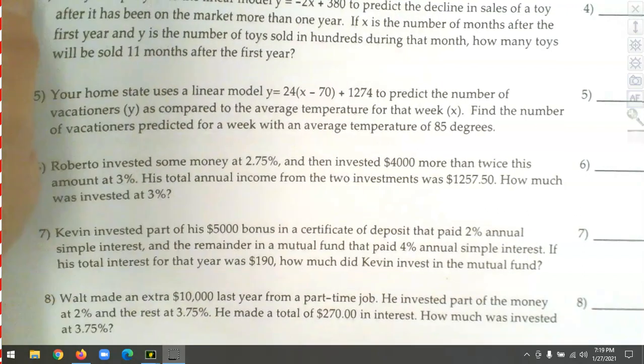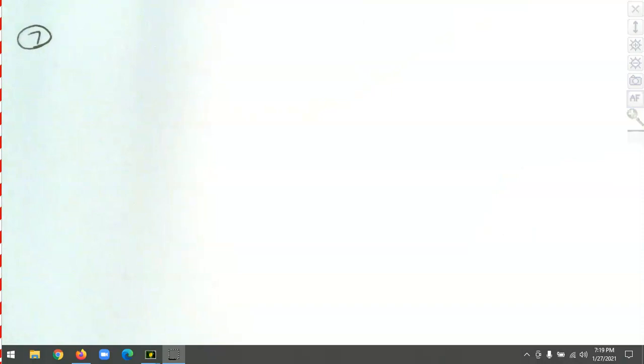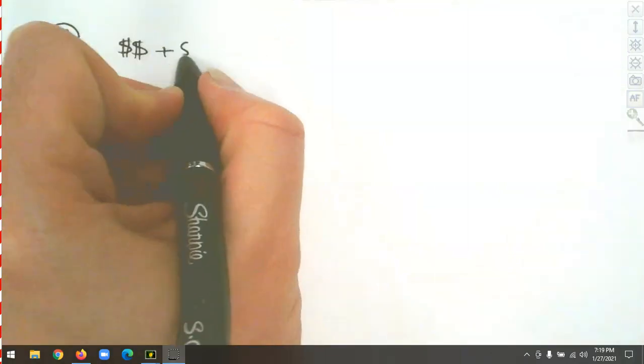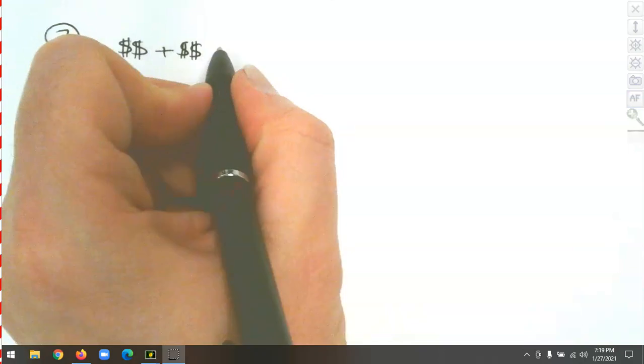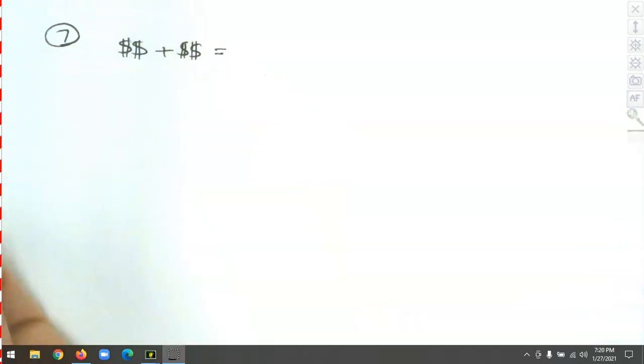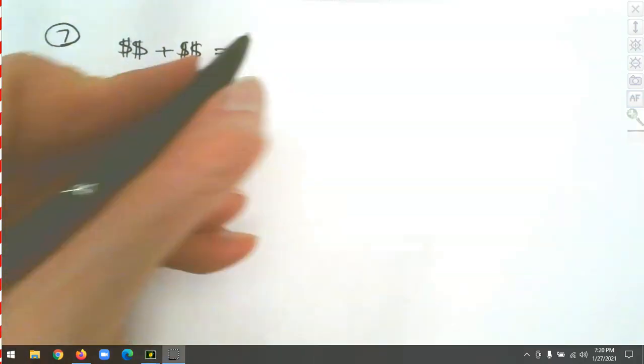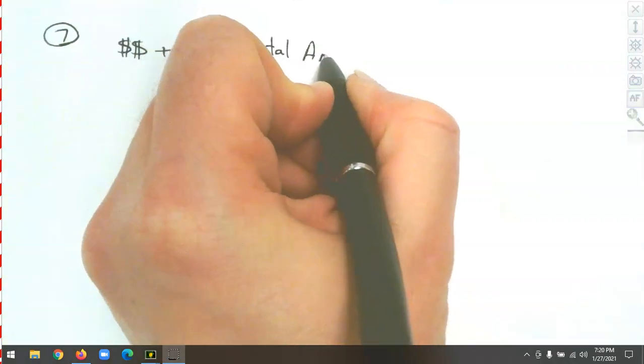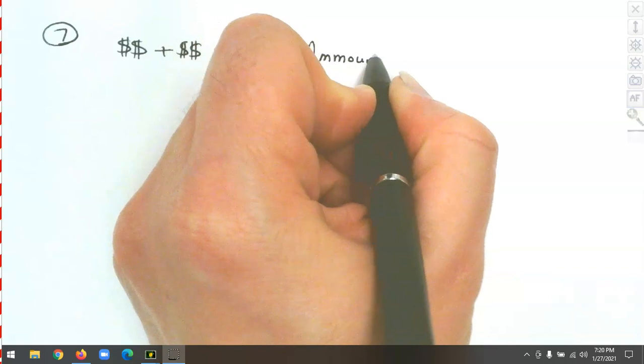So we'll need to set this up. And this one's going to be a little bit different. Now, how is it a little bit different? Well, when we put these together, this is our total amount over here. How much total money do we have to work with?